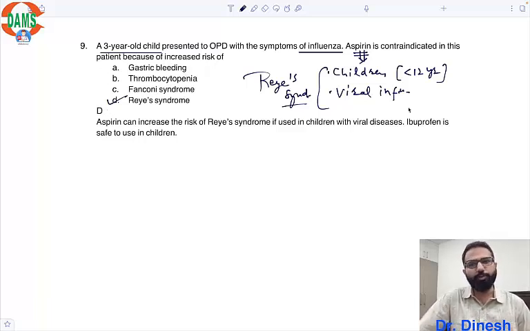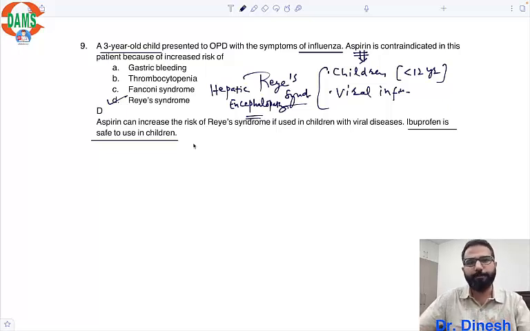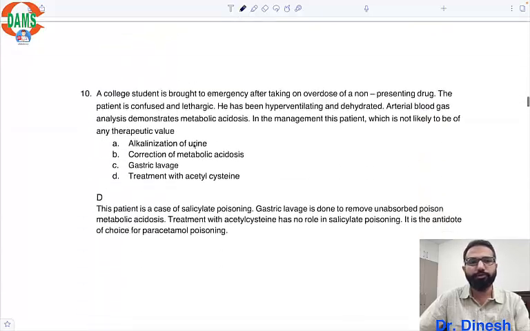The safer option is ibuprofen. Ibuprofen is the safe option in children. Aspirin is not safe because of the risk of Reye syndrome, which is hepatic encephalopathy. That's why we don't use aspirin in fever, viral fever especially. In children with viral infection, don't use aspirin. Ibuprofen and paracetamol are the safe options.